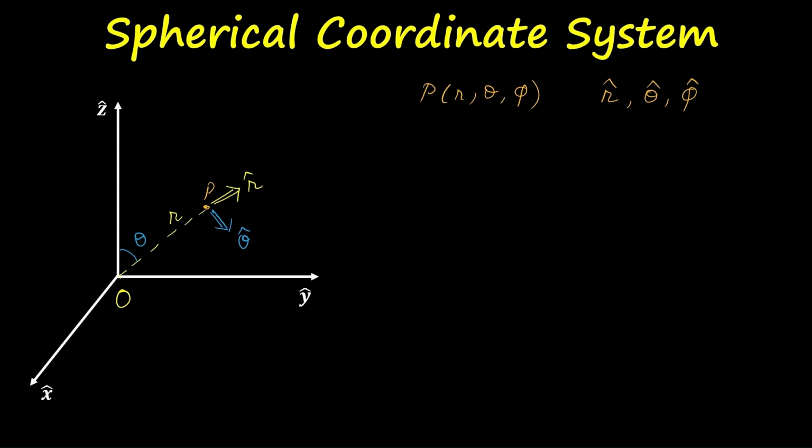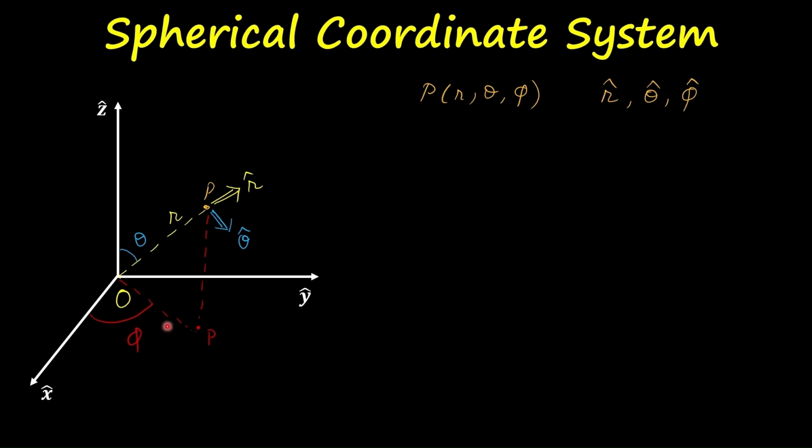What about phi cap? For phi cap, we need to take the projection of this point P. Let's say this is P prime, and we can join O and P prime, and this angle is phi.